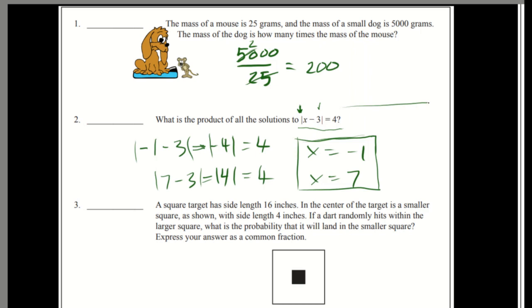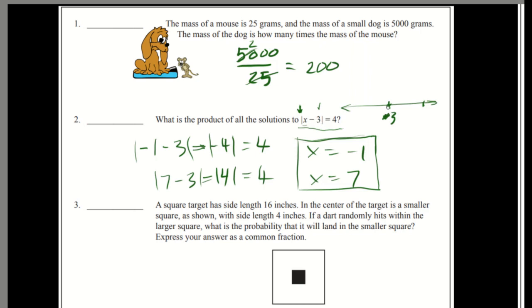If you think about the number line, hold on, x minus 3, so it's not negative 3, it's positive 3. I messed up there. So x minus 3 means the difference between x and positive 3 has to be 4. Sorry about that.